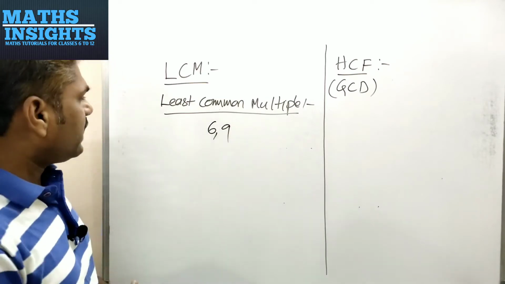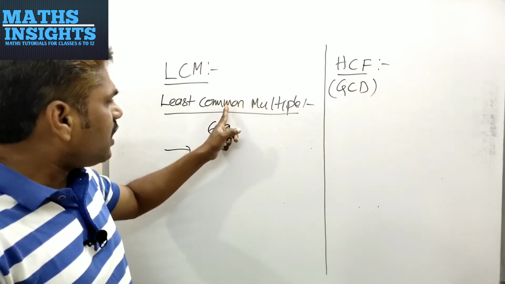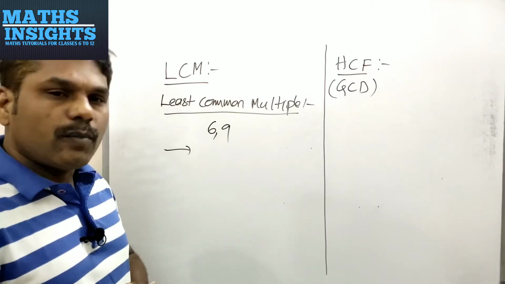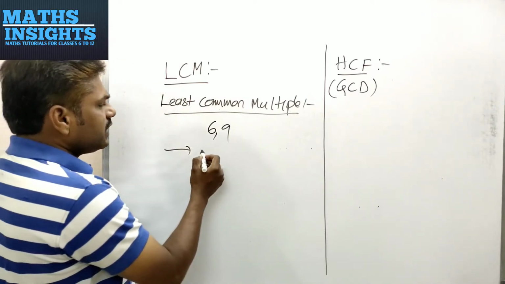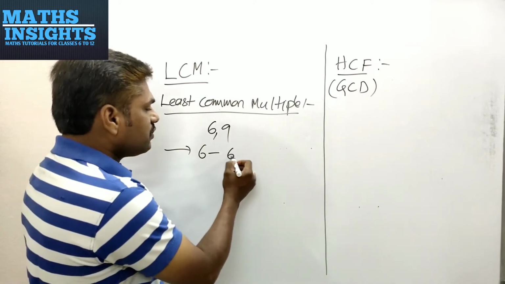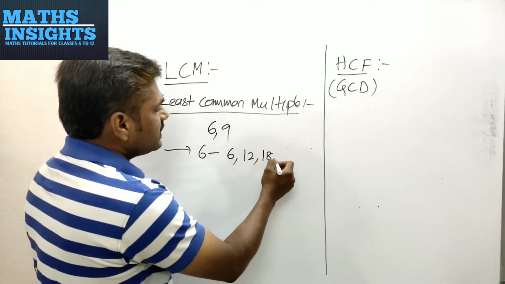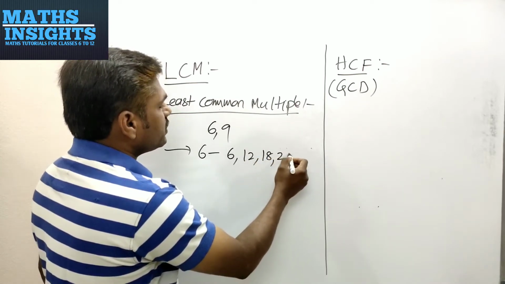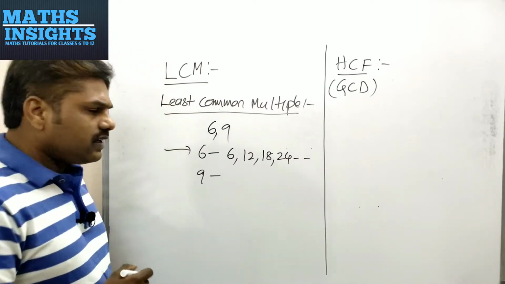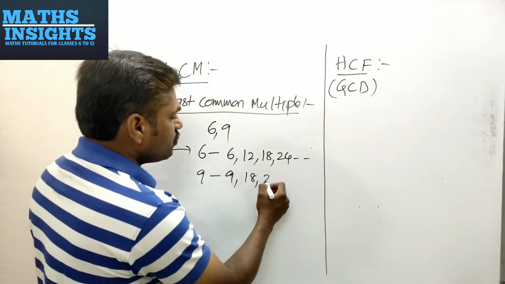I will write the multiples first, then I will find the common multiples, then I will select the least common multiple. If you see the multiples of 6, 6 ones are 6, okay, 6 twos are 12, 6 threes are 18, 6 fours are 24, like that. And if you take 9, 9 ones are 9, 9 twos are 18, 9 threes are 27, and so on.